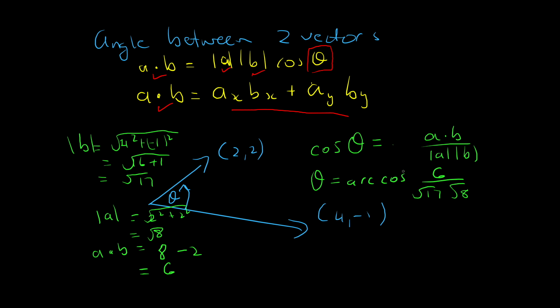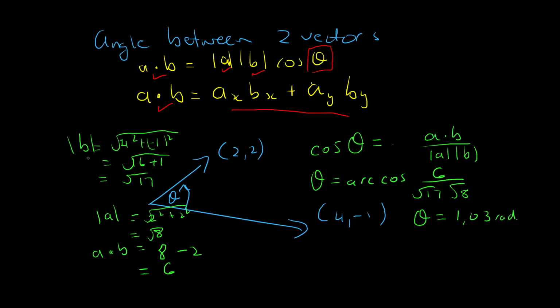So on your calculator, do second function cos, and we put in our 6 at the top, and then we put our square root of 17 times the square root of 8. In this case, theta is going to be 1.03 radians.